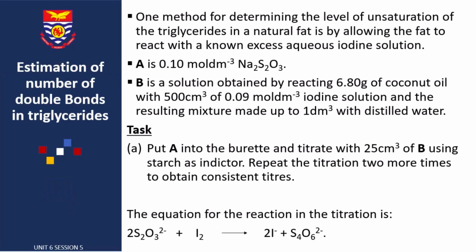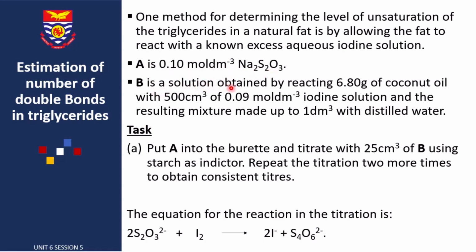Let's look at this problem. One method for determining the level of unsaturation of the triglycerides in a natural fat is by allowing the fat to react with a known excess aqueous iodine solution. A is 0.10 mol per dm cubed sodium thiosulfate.